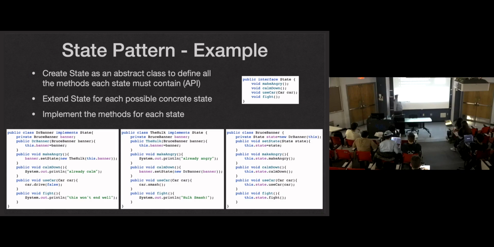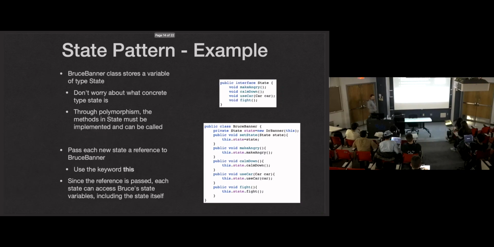So we have an initial state, Dr. Banner, defer to the state for all functionality, and then if the state changes, all that functionality changes because the type of the state changed. So Bruce Banner has a reference to an object of type state, which is an interface.